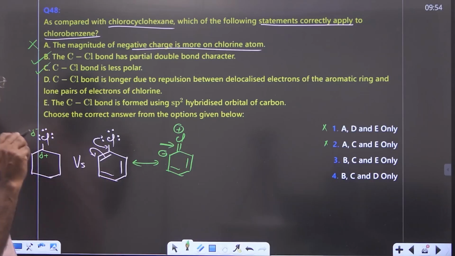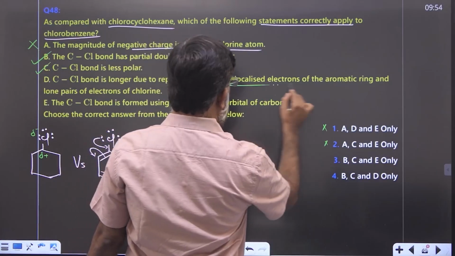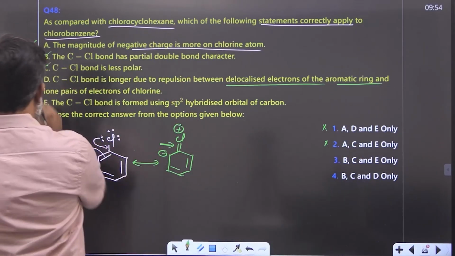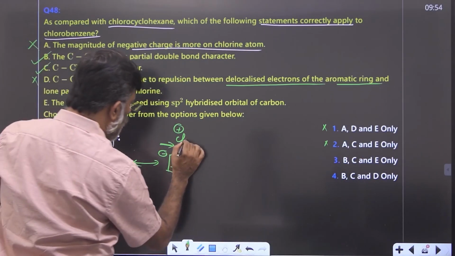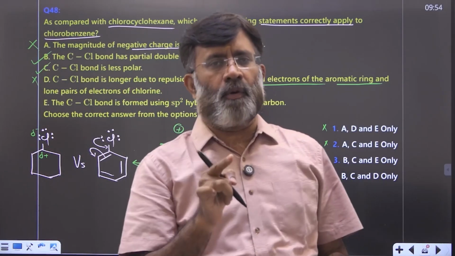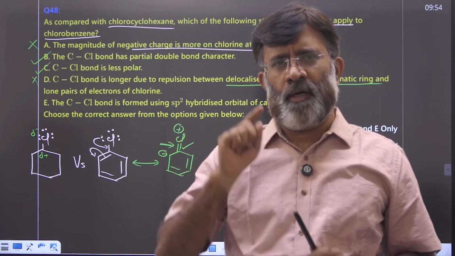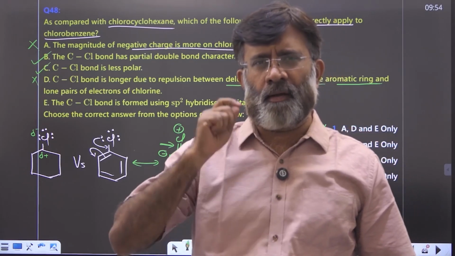Carbon-chlorine bond is longer due to repulsion between delocalized electrons in the aromatic ring. That is wrong. This is a shorter bond. The carbon-chlorine bond in chlorobenzene is shorter, for two reasons. One, partial double bond character due to resonance.